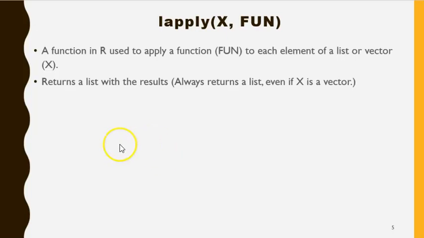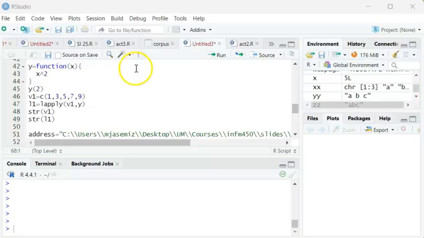Let's go and check it in the context of R. First, we create the function that we want to apply to each element of the vector or list. So it is our function. We make each element a square. So for example, y of 2, the result would be 4.